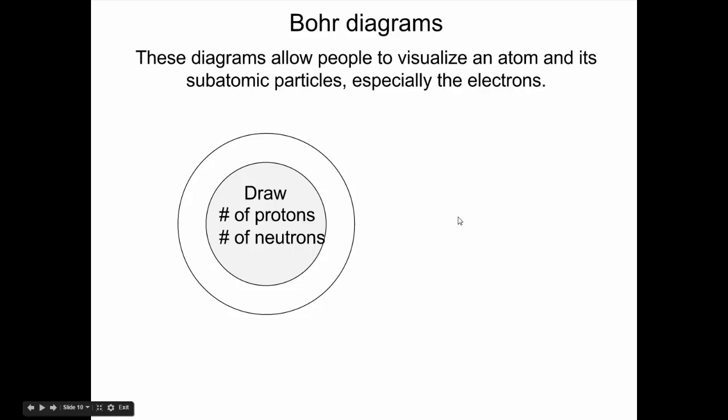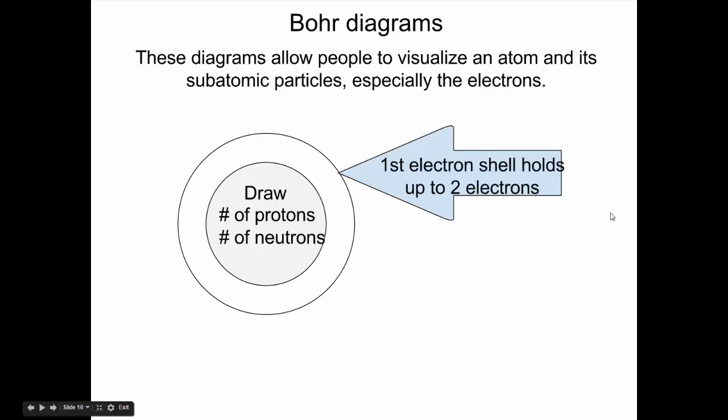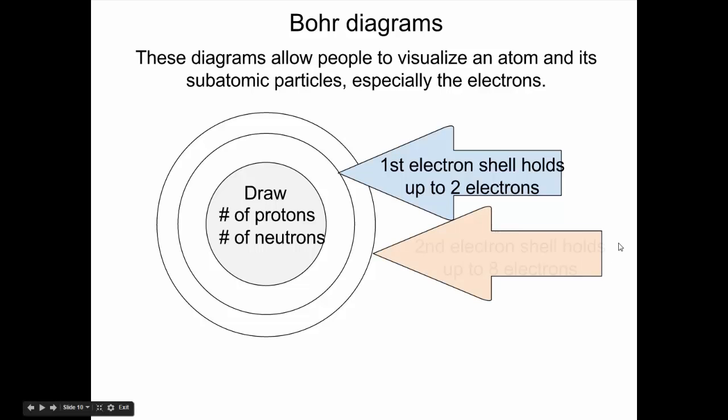Those are the electrons. The first electron shell can hold up to 2 electrons. It's small, so it can't hold too many. For some elements, one atom might require more than 2 electrons to be drawn, so we're going to draw a second electron shell, which can hold up to 8 electrons.